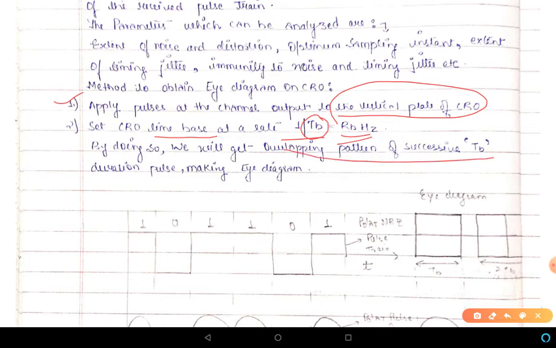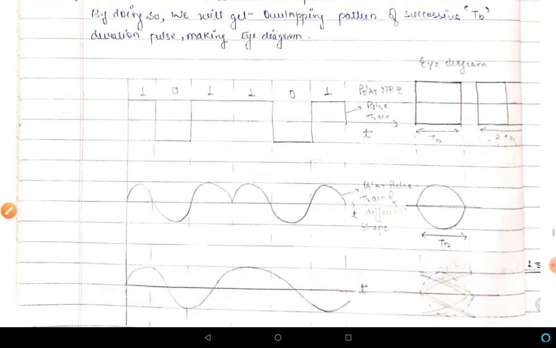Let us see with an example. Consider this pulse which is received at the receiver side. It is assumed that the channel is ideal in nature. That is why the pulse is without any noise and distortion, a very distinctive pulse. So in this case, how do we make the eye diagram?